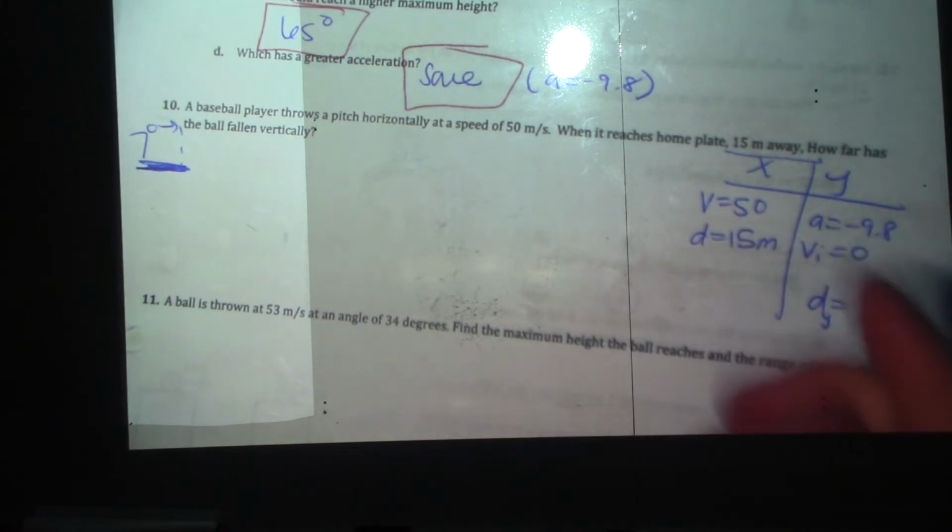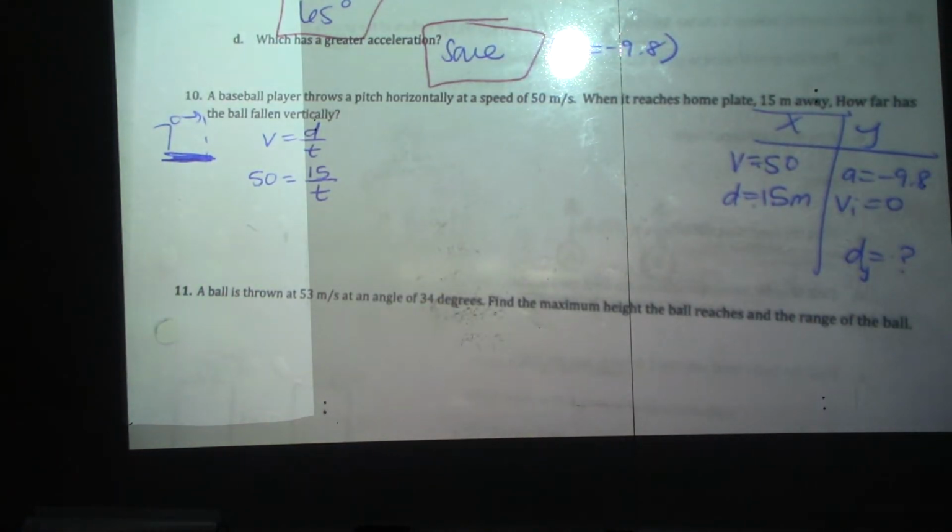We always find our time first. I don't have enough to use a Y equation, but I have V and D for X, and my X equation is V equals D over T. V is 50, distance is 15, and I'm looking for time. I have to be careful rearranging this because my unknown is on the bottom.